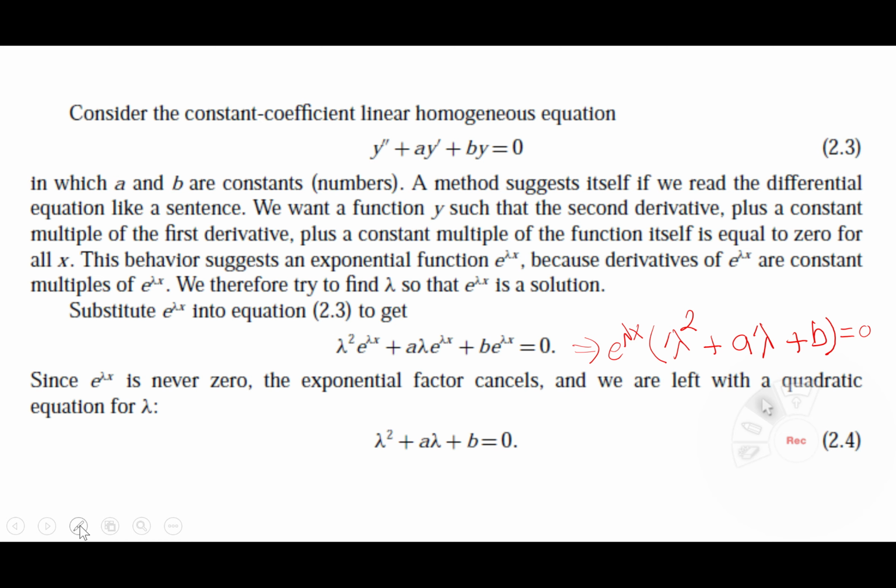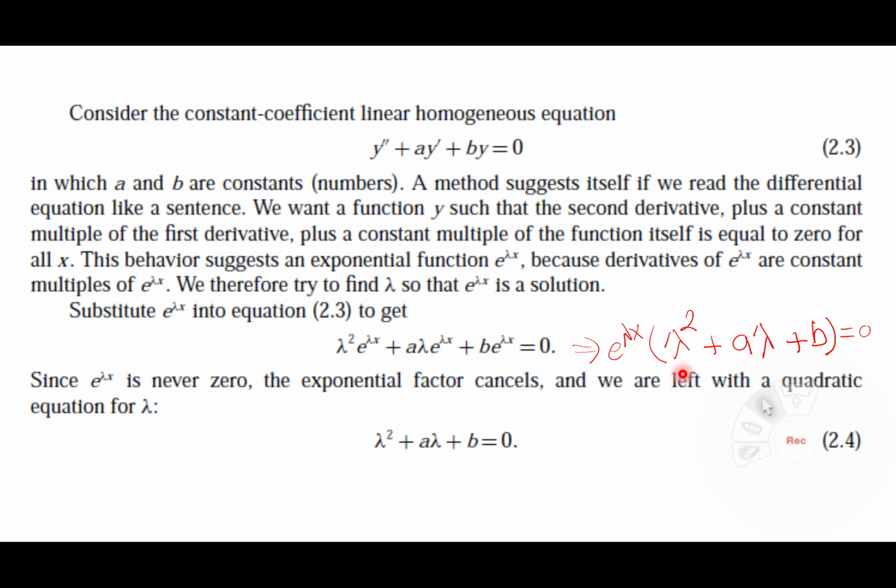Now the question is, if we have two terms multiplied by one another and the right hand side is 0, this means that either this term is 0 or this term is 0, right?